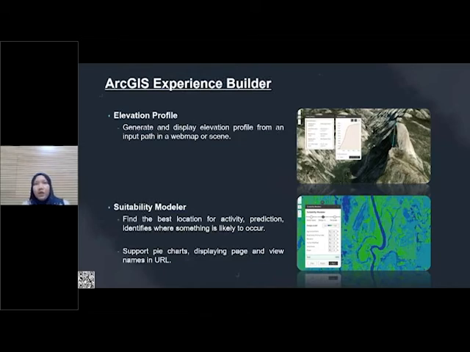Okay, you can insert the modeler, and it will automatically process it for you and show which is the highest risk for the hazard to occur, for example. So you can use this suitability modeler.